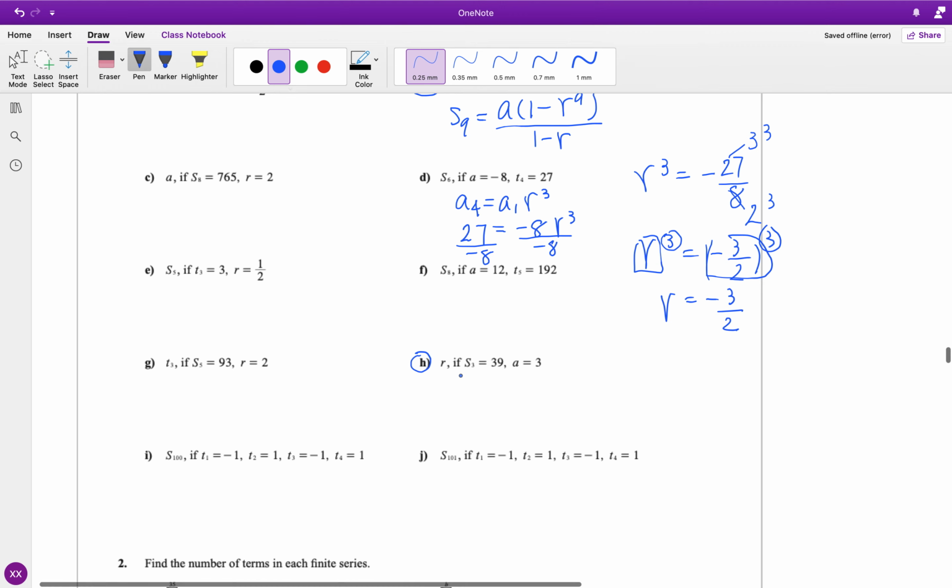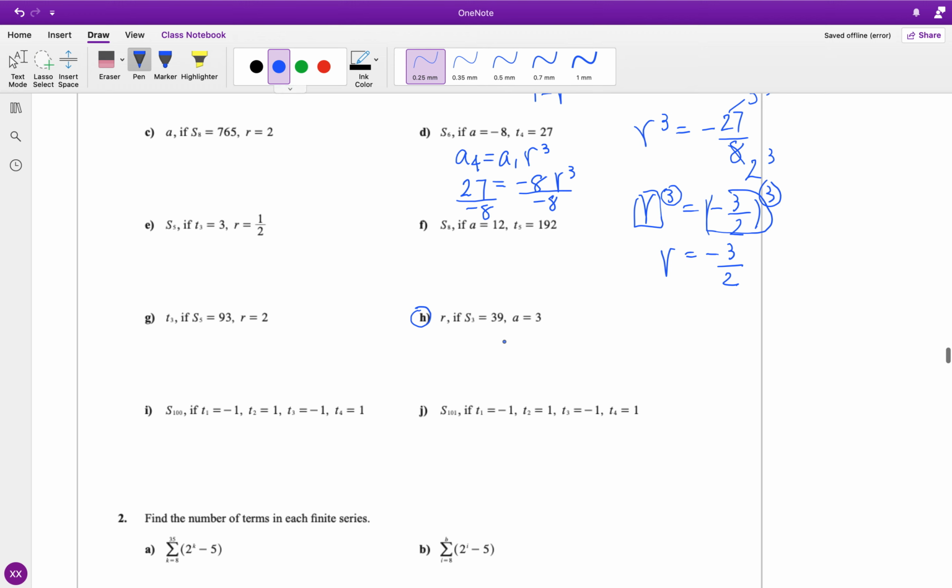I just tried H. So what's going on here? It says S3. S3 equals A1 times (1 minus r to the power of 3) divided by (1 minus r). In this case, we know S3 and we know A, so let's put the numbers in.